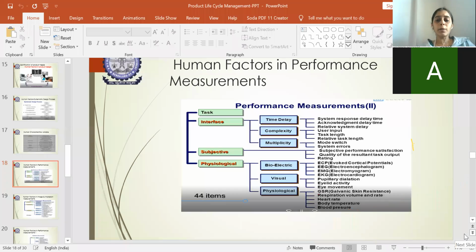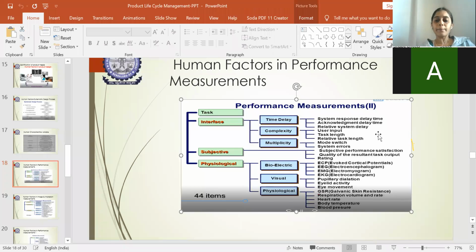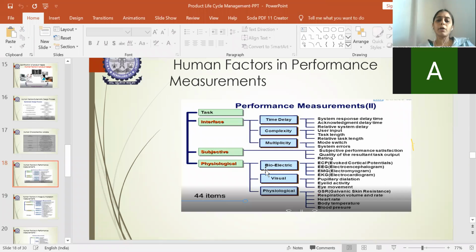The performance measurements vary from one part to another part, or from one product to another product, or it also depends upon the task with which they are associated. Right, so I have just given an example for performance measurement. It could be a task assigned where the performance depends on the time delay, or how complex the design is, or what psychological evaluations are done.